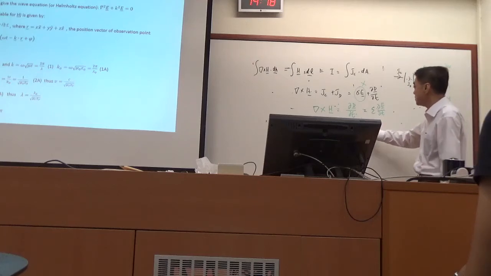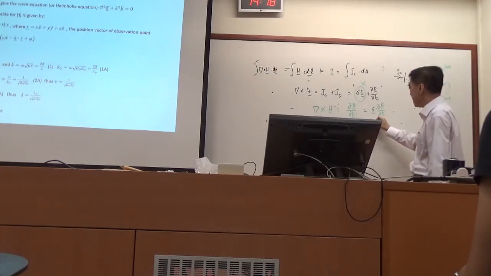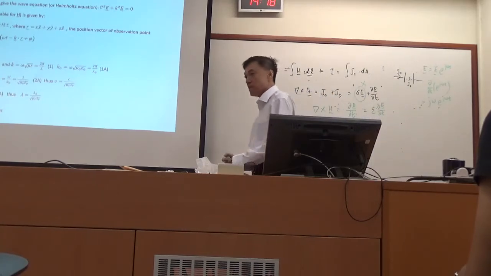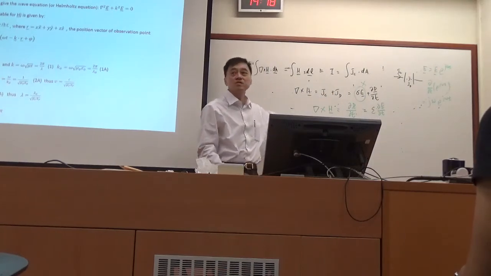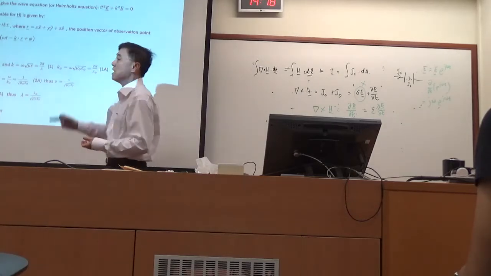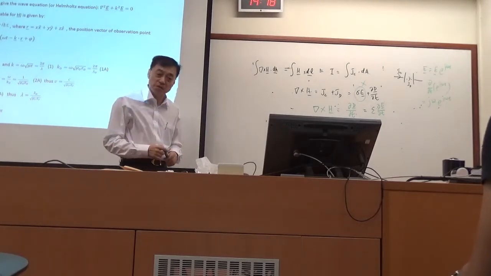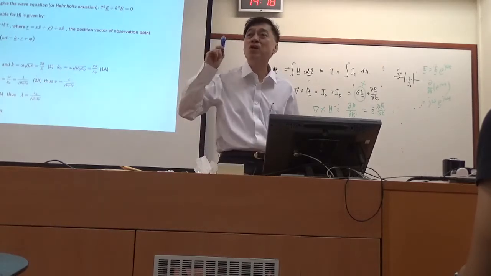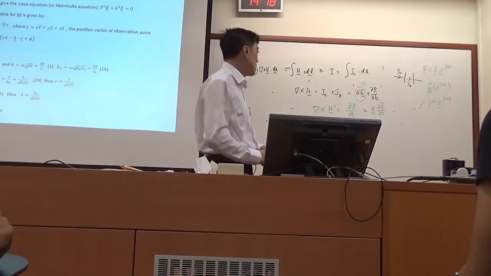So this thing becomes j omega epsilon E. This is the Maxwell equation which we started off manipulating to get the wave equations or the Helmholtz equations. But now, we want to do lossy medium.